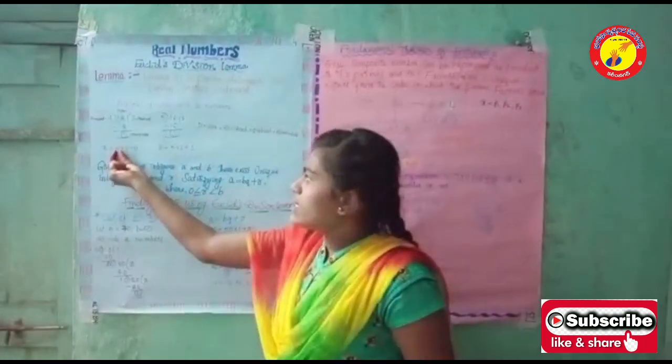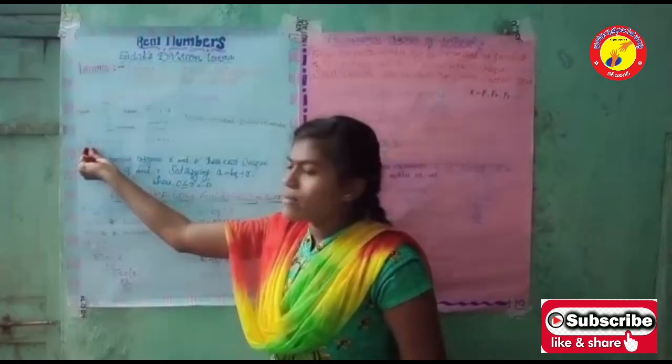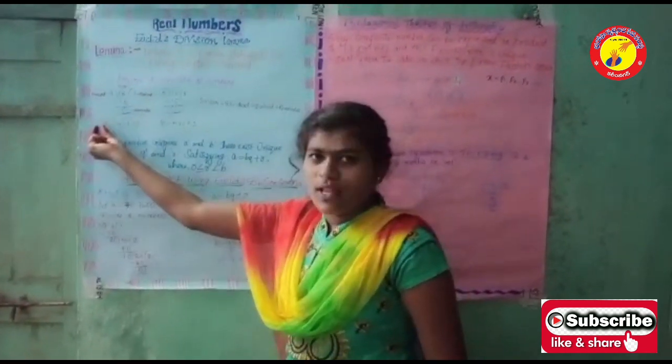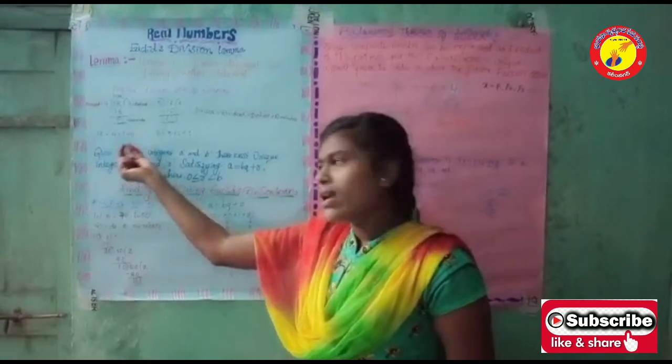Here the divisor will be B and the dividend will be A. Given two positive integers A, B, like 12 and 4, there exist unique integers Q and R, 3 and 0.